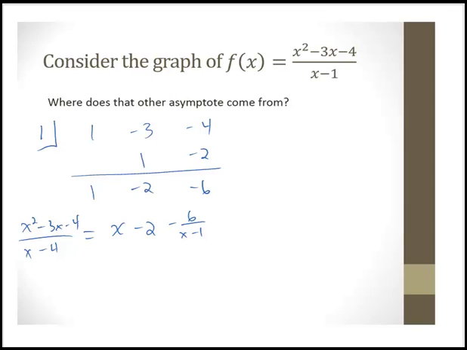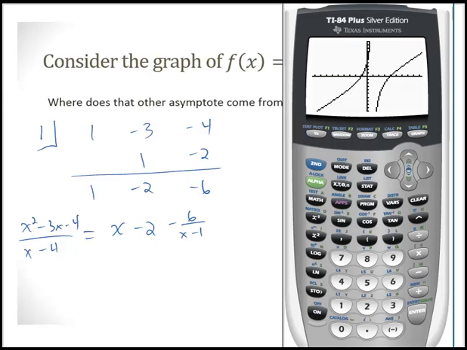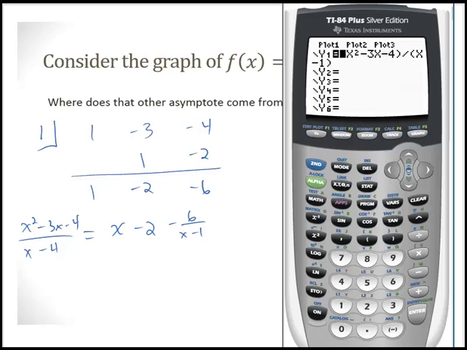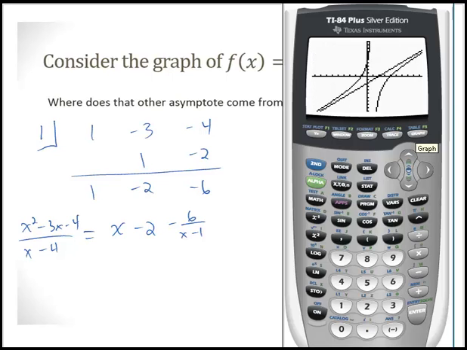Now, let me go back to the calculator, and I've got my function still up there. Now I'm going to graph y equals x minus 2. And notice that y equals x minus 2 appears to model that oblique asymptote.